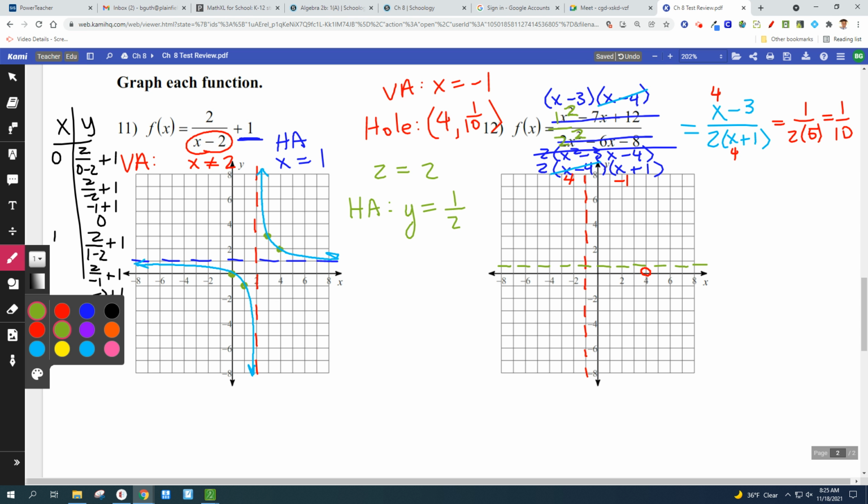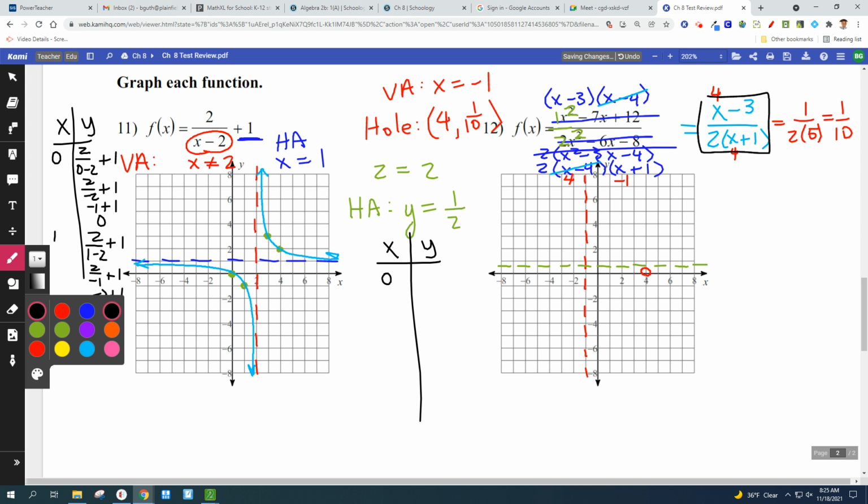Look like that. Now you might be able to guess what this thing's going to look like because of where that hole is positioned. Otherwise, if you don't know what it looks like, make a table and plug something in. Now you could plug into the original function, or I think it would be easier to plug into the reduced function. But I'm going to plug in something fairly easy like 0.